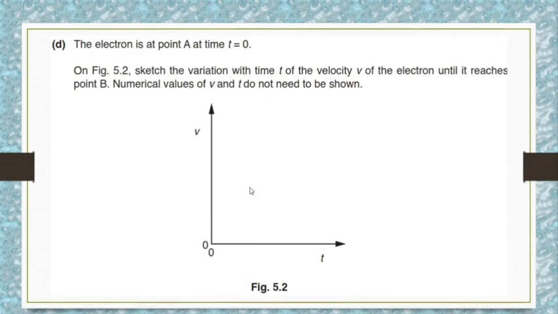On this figure, sketch the variation with time t of the velocity v of the electron until it reaches point B. Numerical values of v and t do not need to be shown. We know that it is moving from a certain initial velocity and it is moving at constant deceleration. So this is the graph.